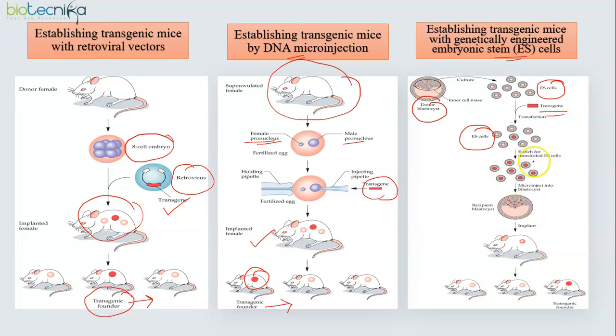These will be micro-injected into the recipient blastocyst and implanted into the female mother. It will give rise to the pups. Whichever pup carries the transgene becomes a transgenic founder, from where the transgenic line can be established. This is one of the important topics from the CSIR point of view.